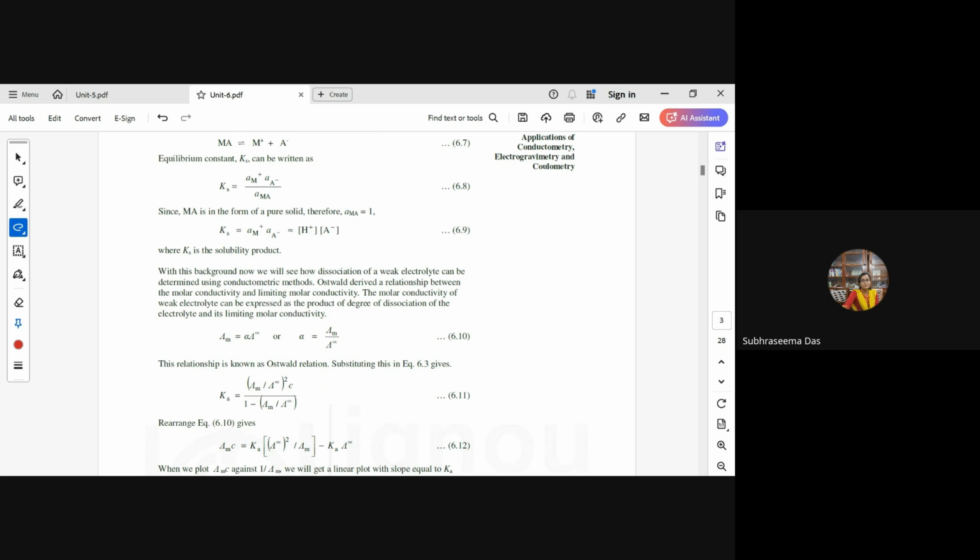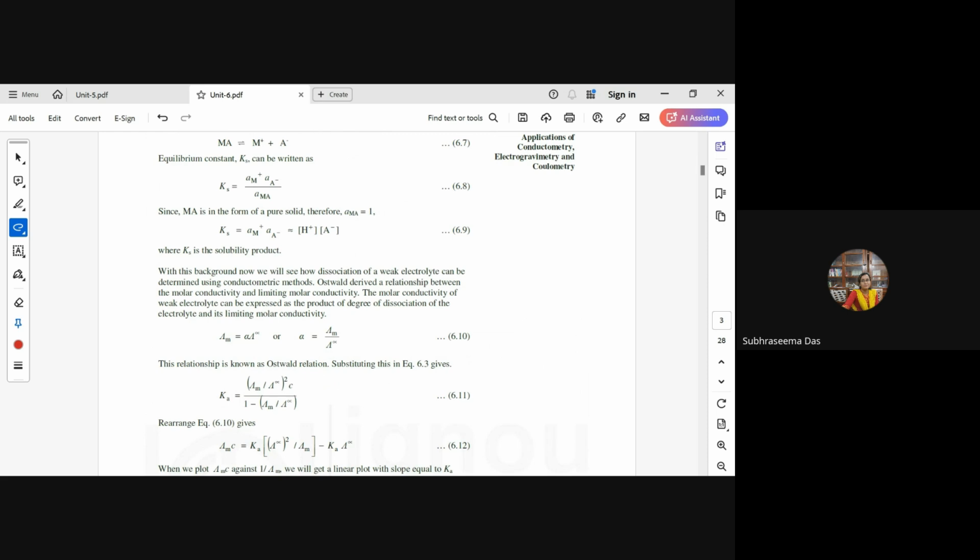Now, after the derivation of this Ostwald's equation, we also have the relation lambda m is equal to alpha into lambda infinity. So the molar conductivity of a very weak electrolyte is expressed by the product of its degree of dissociation and its limiting molar conductivity.